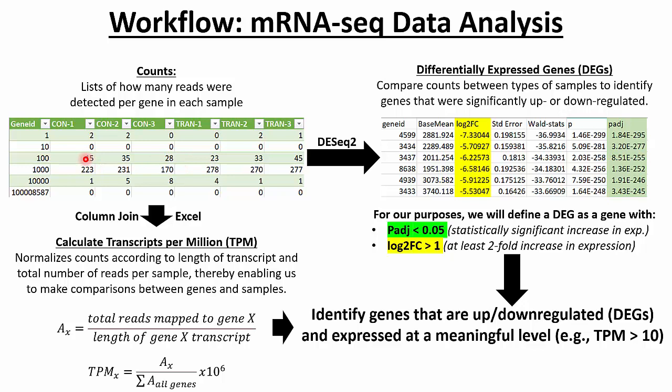However, remember, when we do mRNA sequencing, we're getting millions of reads, and the total number of reads that we get for a given sample could definitely change between two samples. So, in other words, what if, let's say, for these control samples, I only got about 10 million reads for each of them, but then I got 40 million reads for each of these transfected samples.